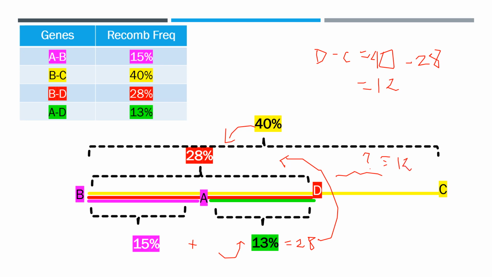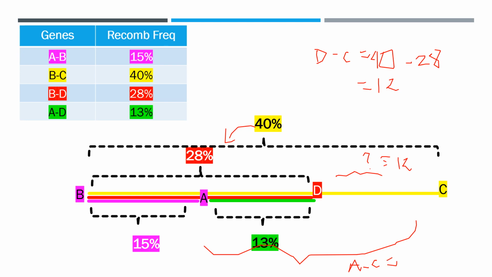In addition, we also don't have the information between, let me delete this. We have this distance, but we don't have the distance from A to C. If this map is correct, it will be approximately 25% of recombination.